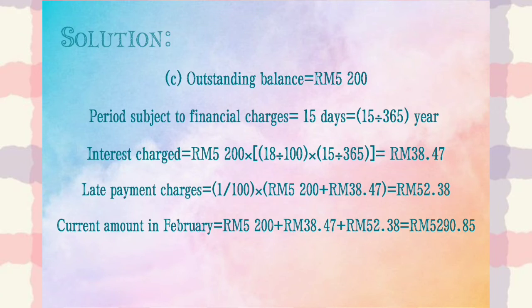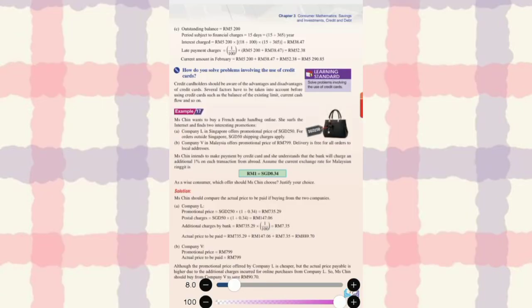Current amount in February equal to 5,200 plus 38.47 plus 52.38 equal to 5,290.85 ringgit.